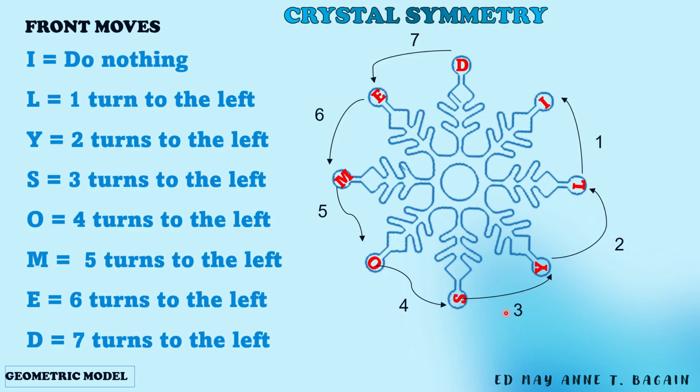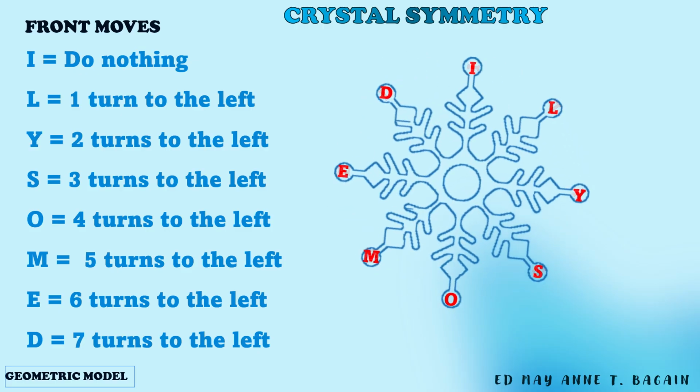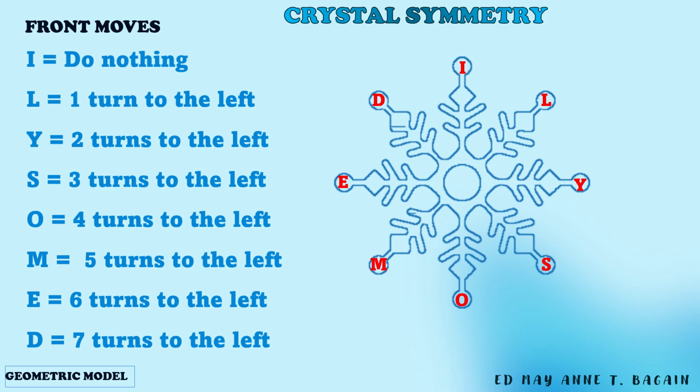So 1, 2, 3, 4, 5, 6, and then 7, which is D. So D is equal to 7 turns from I to the left, which means we turned counterclockwise. Okay, so that would be the movement for the front moves, which is I L Y S O M E D.